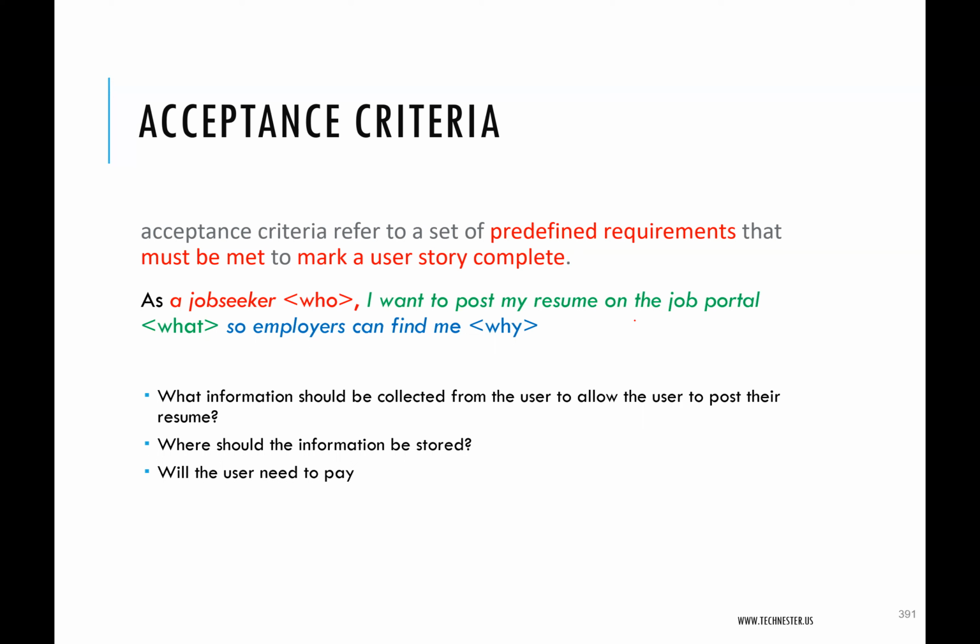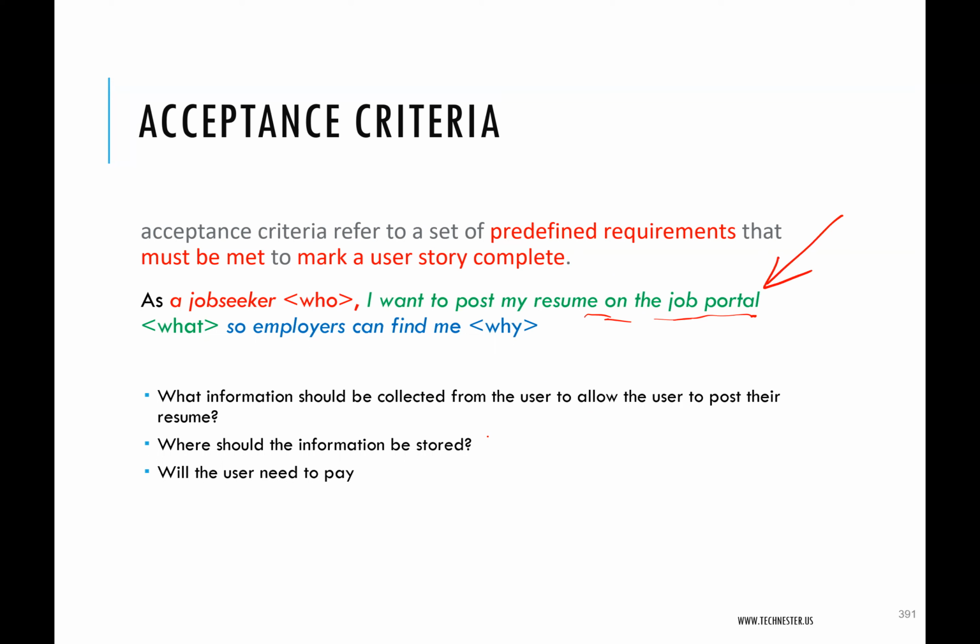The developer has to create a way for them to post this resume. So the acceptance criteria should tell the developer the information that must be collected from the user for them to post their resume.